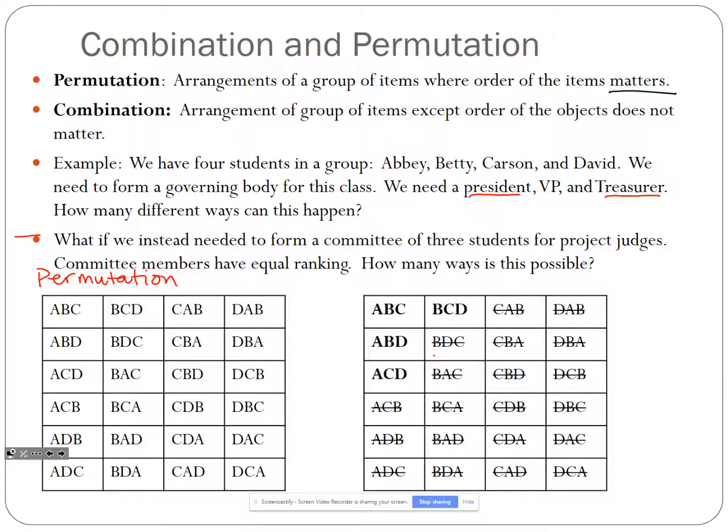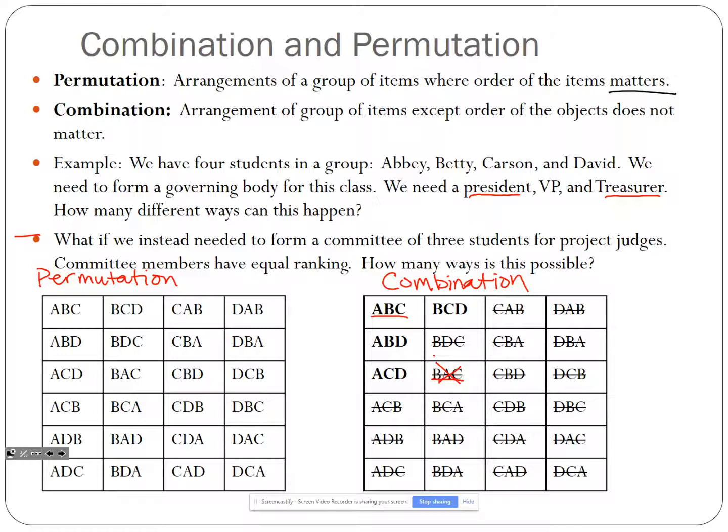Well, for the second example, the order that you're chosen doesn't matter because you're just part of a committee that has equal ranking. And I've already marked out the repeats. So we have Abby, Betty, Carson here, but we have Abby, Betty, Carson here.